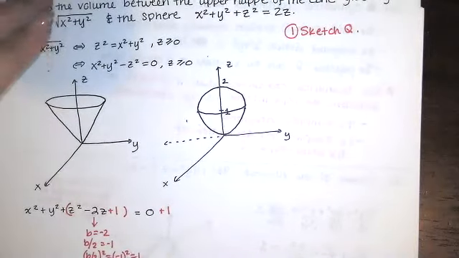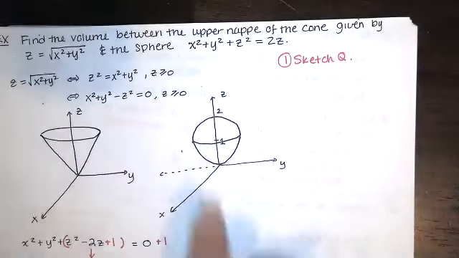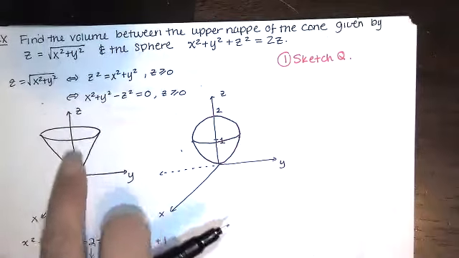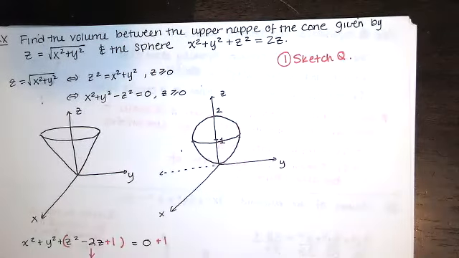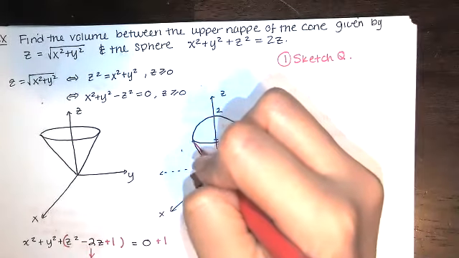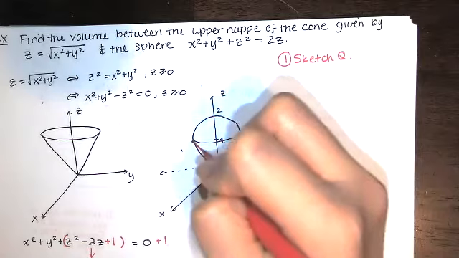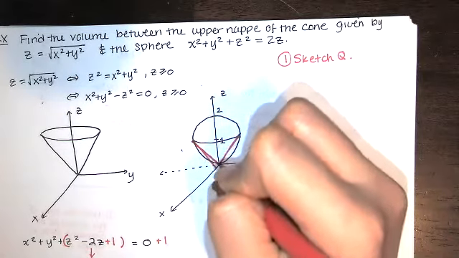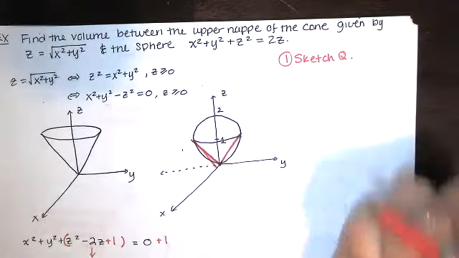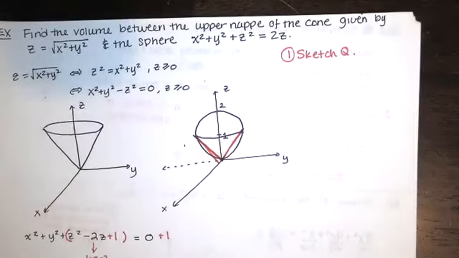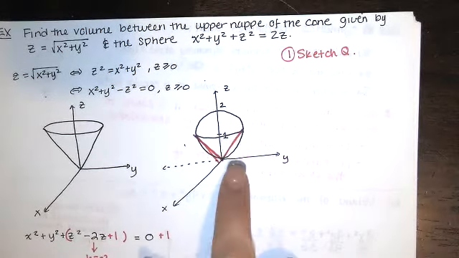That's the idea. Now we were asked to find the volume between this cone and the sphere. So there's a cone sitting down here below it. I'm like, is that what that really looks like?